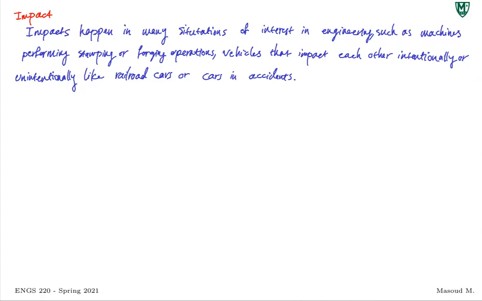And even if some external force is applied, since impact is happening in a very short period of time, the external force applied to the system in that short period of time can be neglected. It's very small compared to the force that we have during an impact. Think about a car hitting a wall or hitting another car. A large force is involved in this accident, right?